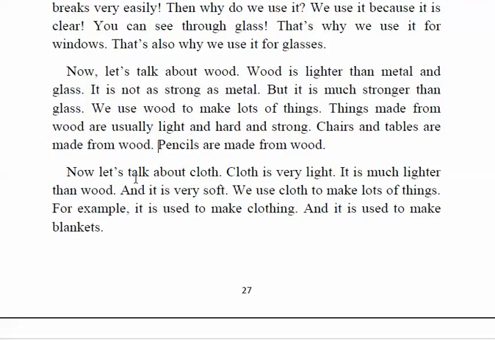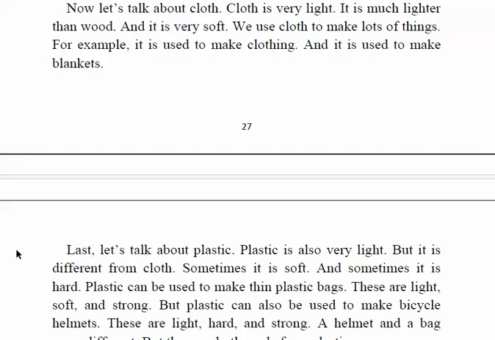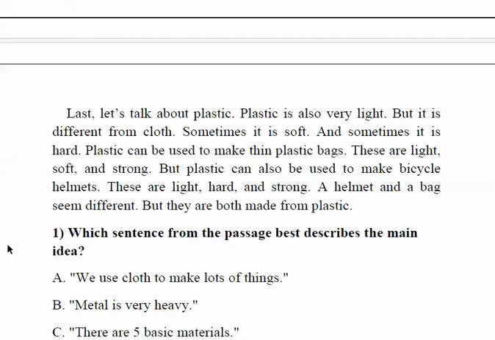Now let's talk about cloth. Cloth is very light. It's much lighter than wood and it's very soft. We use cloth to make lots of things. For example, it's used to make clothing. It's used to make blankets. Last, let's talk about plastic. Plastic is also very light, but it's different from cloth.